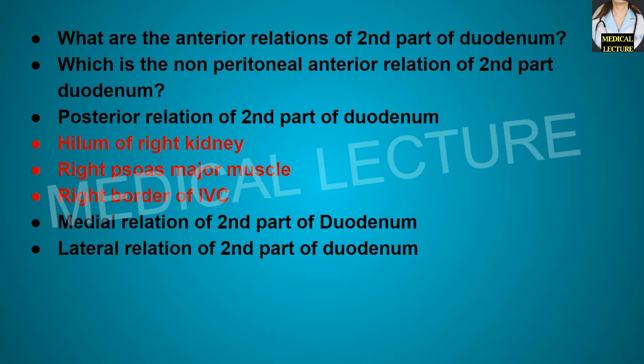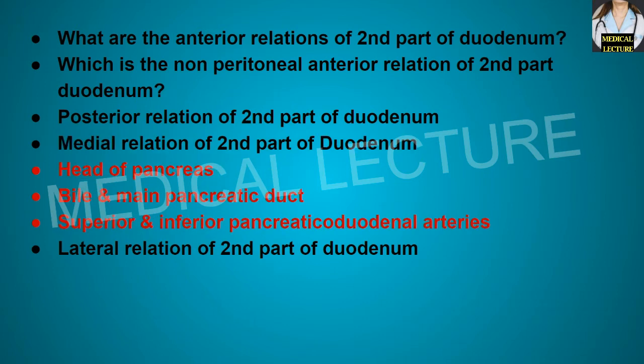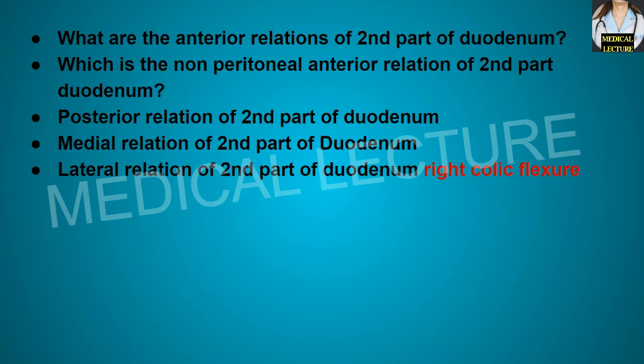What are the medial relations of the second part of the duodenum? These are the head of the pancreas, bile and main pancreatic duct, and the superior and inferior pancreaticoduodenal arteries. What are the lateral relations? The right colic flexure.